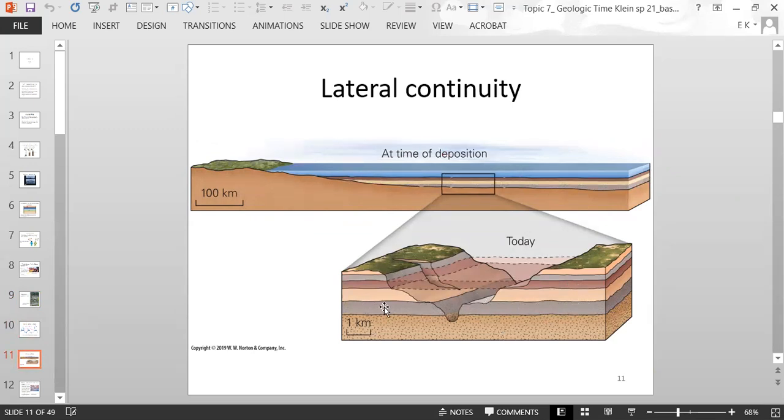This bluish purple on the bottom is the same age going across, and this pink color goes across same age, because we're taking the lateral continuity concept and just assuming that erosion removed the rocks in the middle. Well, erosion did remove the rocks in the middle, but we're assuming that these rock layers are the same. They used to be continuous.